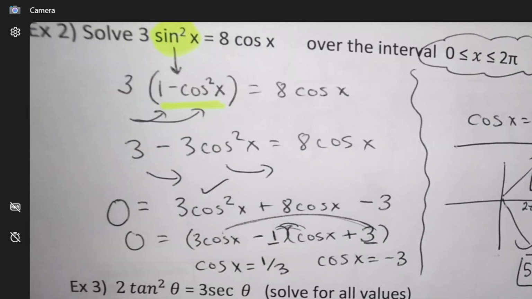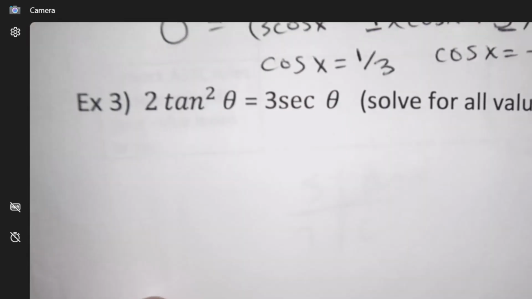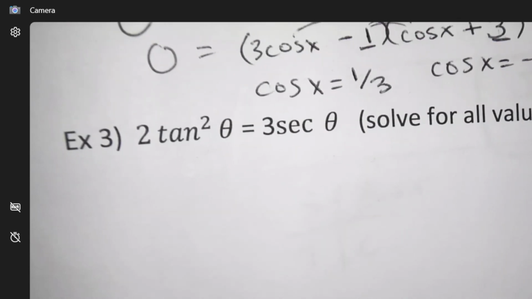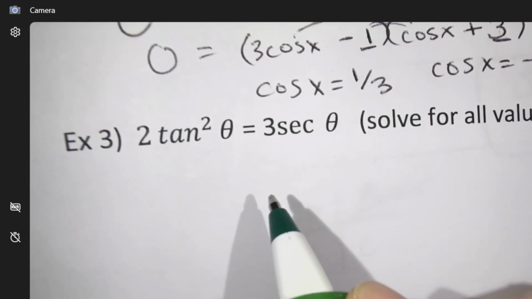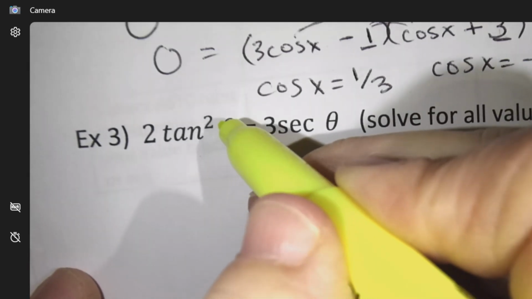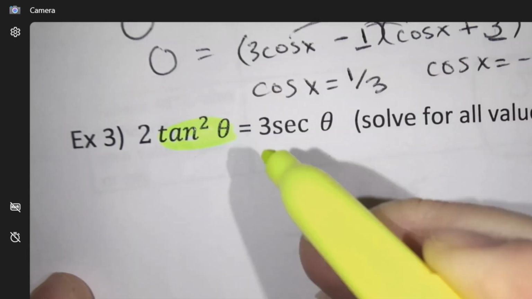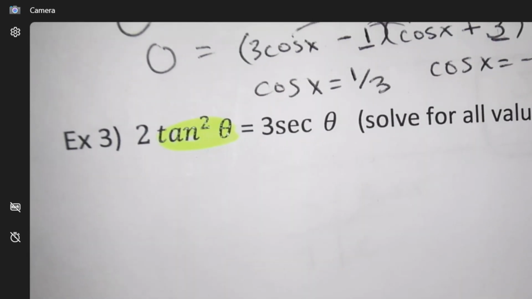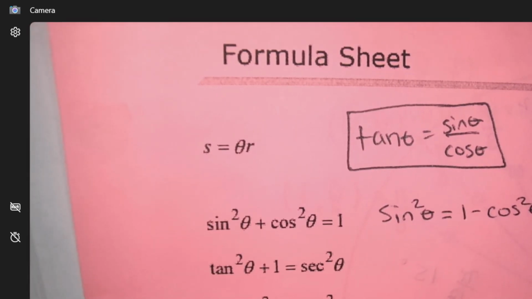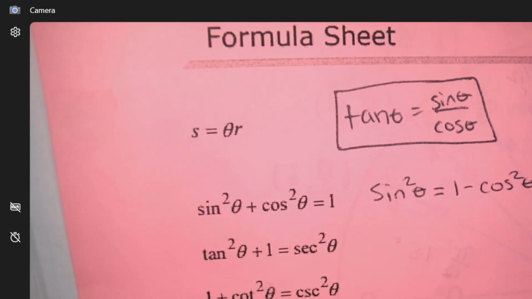Okay, last question. So in this question, I got tan squareds and I have secants. So we replace, we can't have two different languages going on. And I'm always picking squareds on these ones. And why am I always picking squareds? Because this corner, that's all it has is squareds.